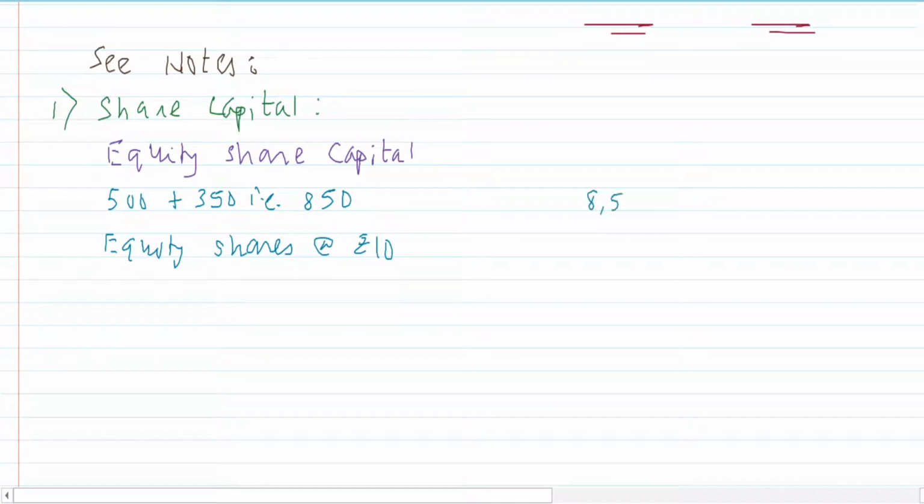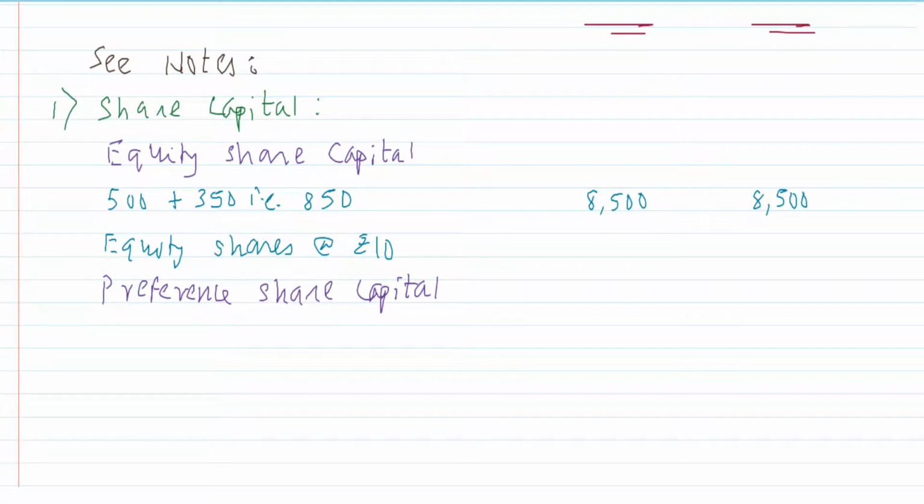So it is 8500 for both merger as well as purchase. Next, preference share capital.